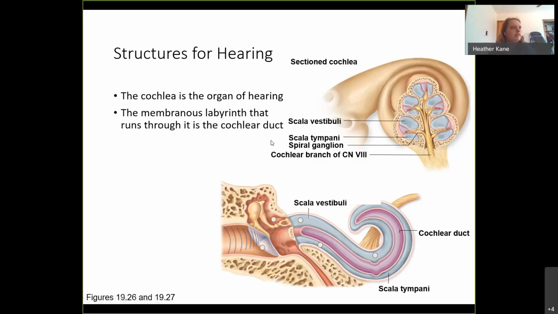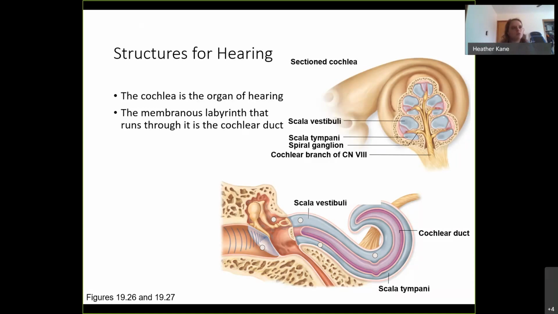So this membranous labyrinth runs through the cochlear duct, running its course along this duct. Let's say we have this seashell right here, and let's pretend it's like a croissant that you have wrapped up in a circle. Then you can unroll that croissant, right?